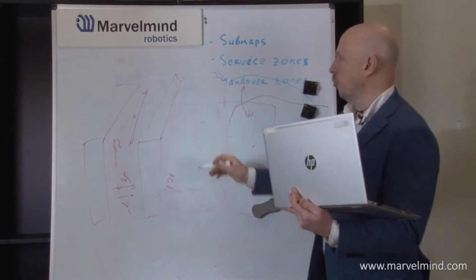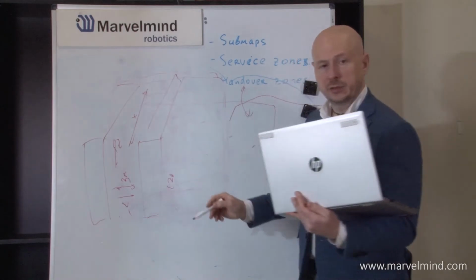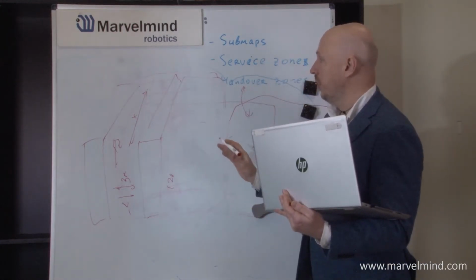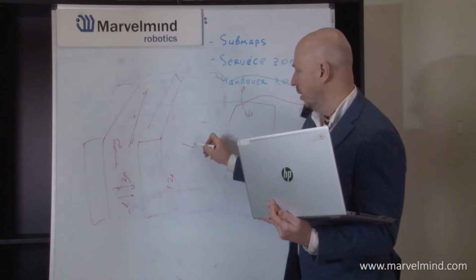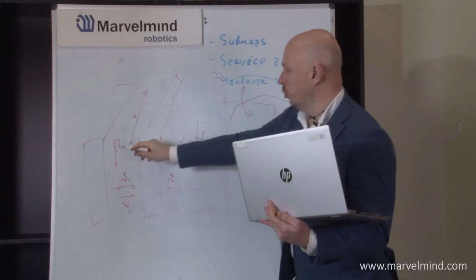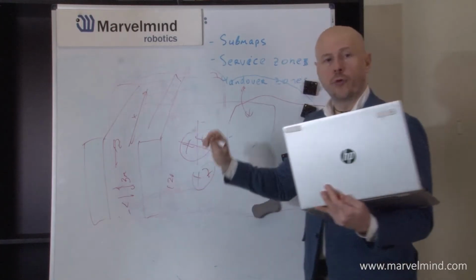So it means that instead of building a 3D submap with very narrow angles, and we have a particular video about that, please check the YouTube channel, sometimes it's convenient to build a 2D submap, but that would not be an XY submap. No, that would be an XZ submap, a so-called vertical submap.